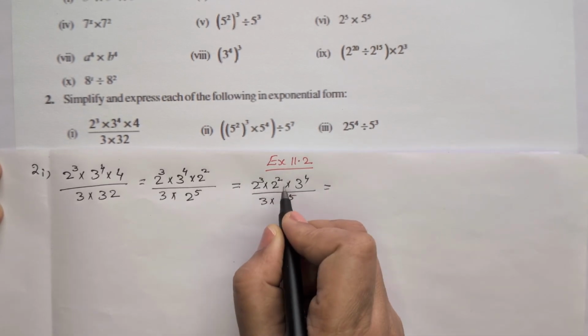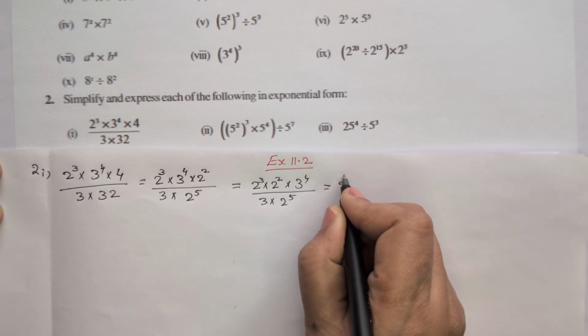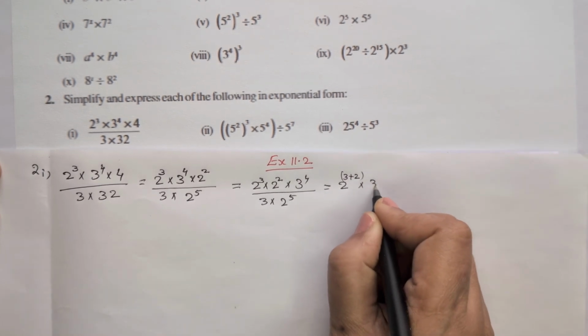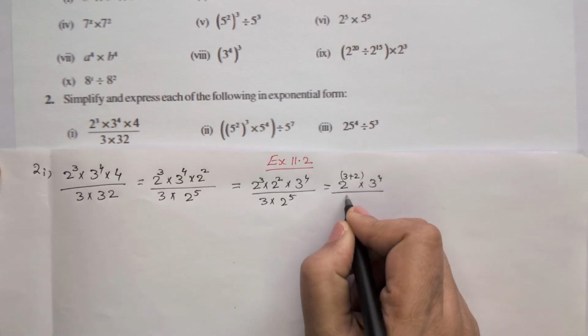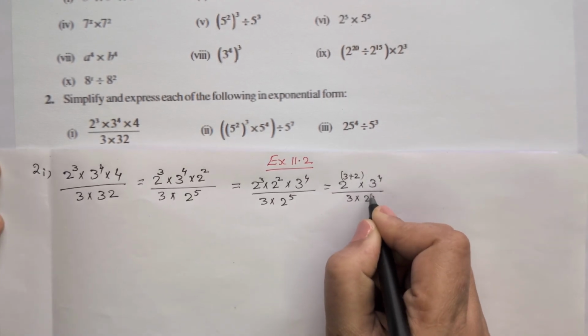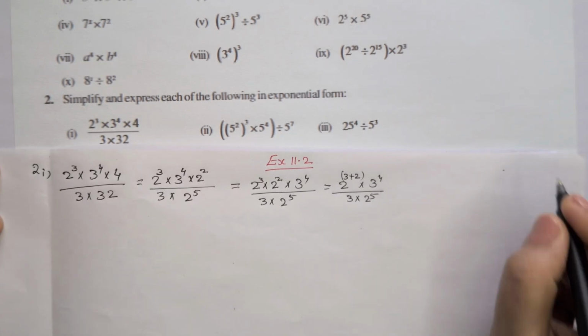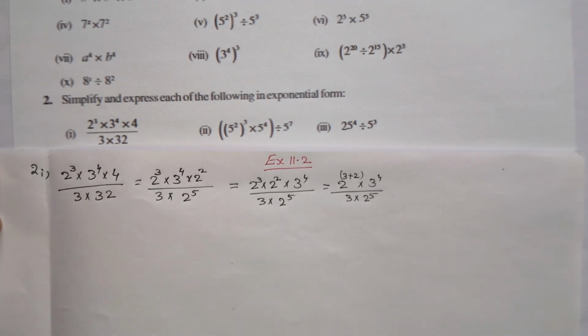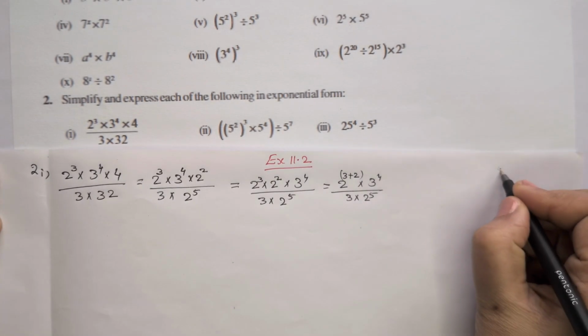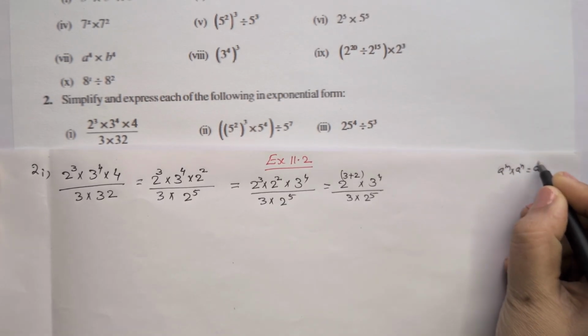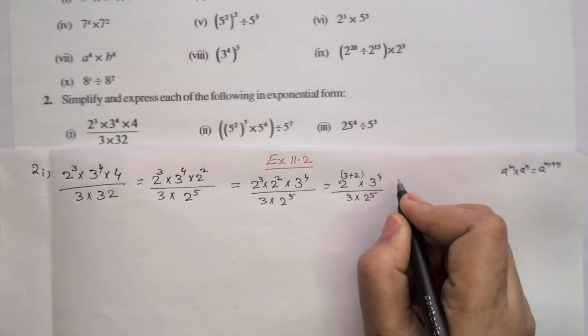Here these two, when we are taking 2 raised to 3 plus 2, into 3 raised to 4 by 3 into 2 raised to 5. Here we are applying the rule a raised to m into a raised to n is equal to a raised to m plus n.